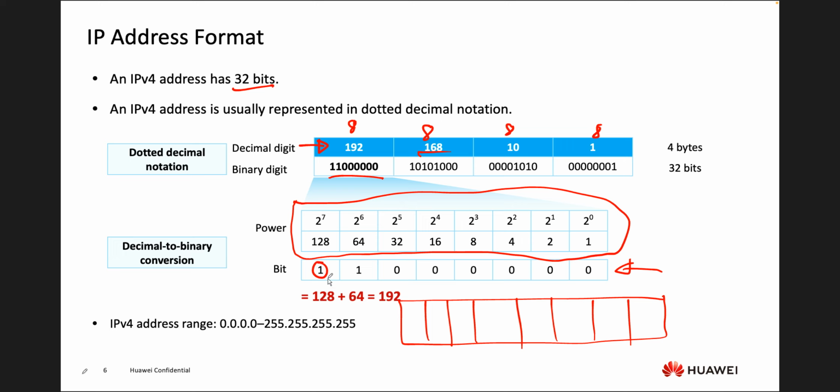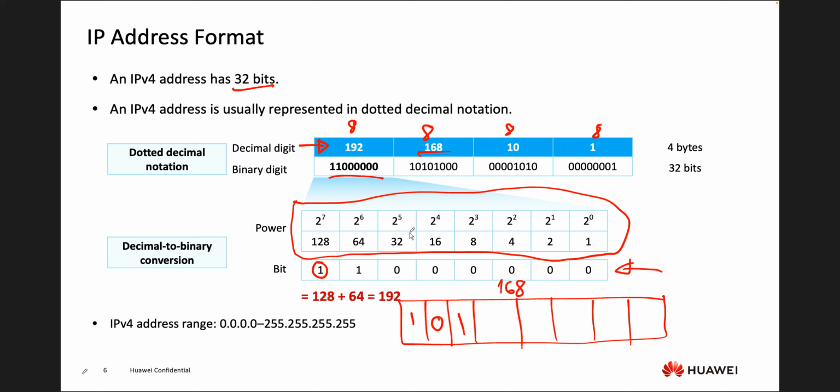Okay, so now let's say we want to work out the decimal of 168. We'll go through this and do a kind of subtraction. You would say 168, can 128 go into that? Yes, because 128 is less than that. But now you have 64 remaining, which is still too much, so 64 can't go in there, but 32 can. So you look at 32 and see, yes, that can go in there, and that becomes a 1.